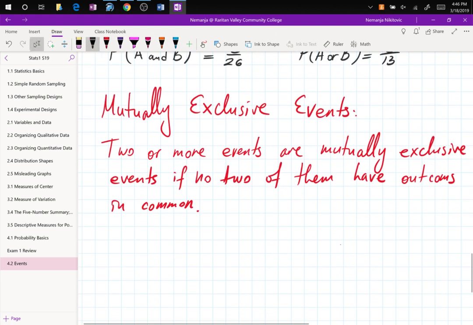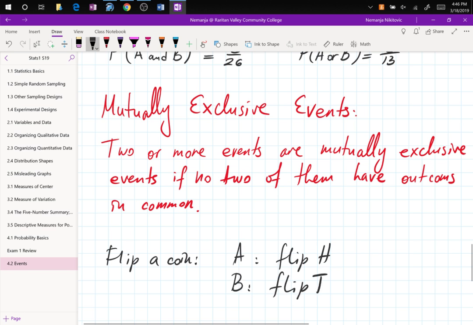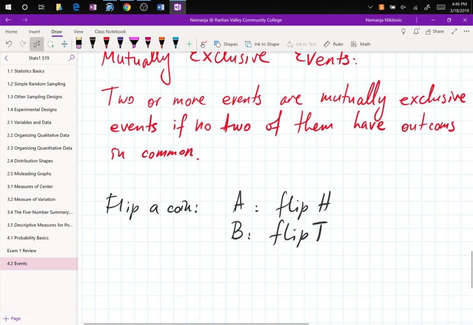And a quick example of this, flip a coin game. Event A, flip heads. Event B, flip tails. You can't have them at the same time. Another example of this, pick a card. Event A, red card.